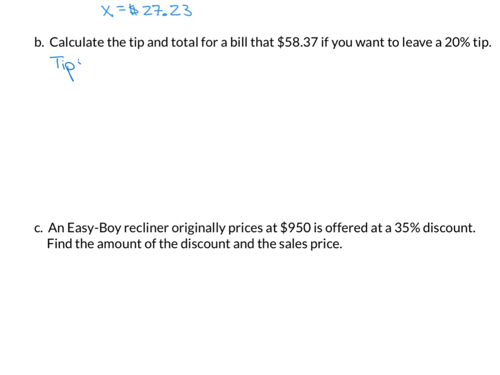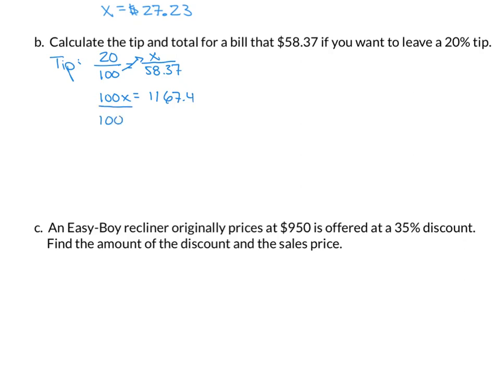So, for the tip, I'm going to set up my proportion. We get 20 over 100 equals x over 58.37. If we cross multiply, we get 100x equals 1167.4.